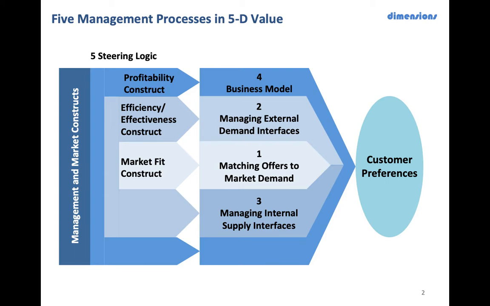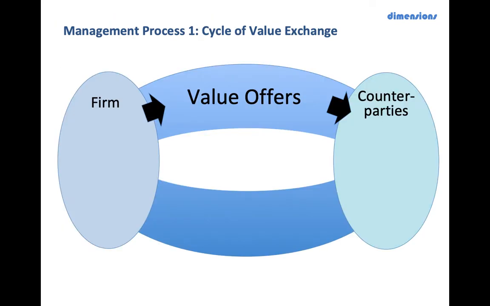Videos on this channel present each management process individually, whereas this video is about how the processes relate to each other. I begin with the first management process, where firms make value offers, for example, products or contracts, to counterparties such as customers, personnel, or investors, who are termed parties for short, who then return inputs such as revenues, their work time, or capital.